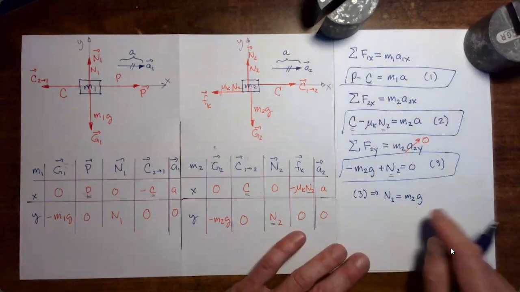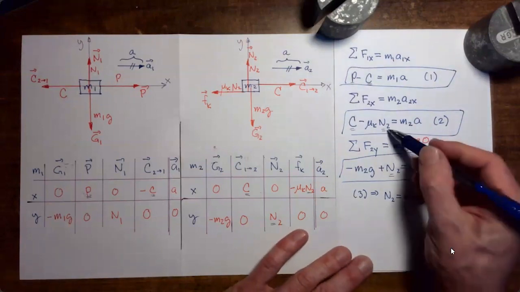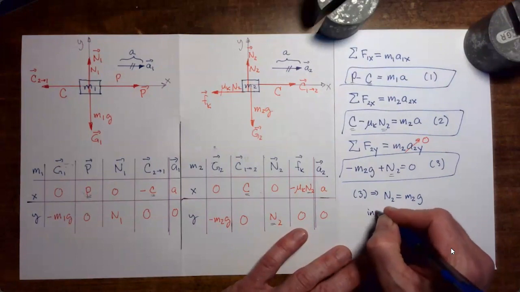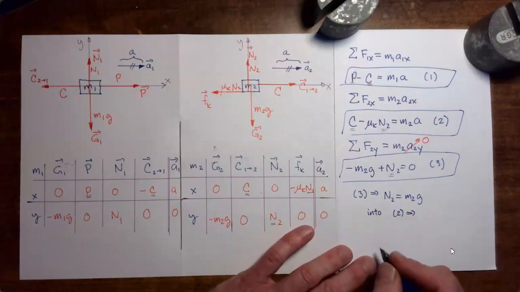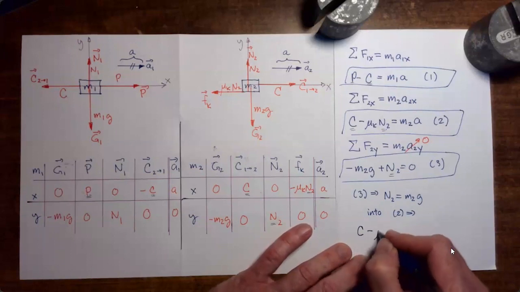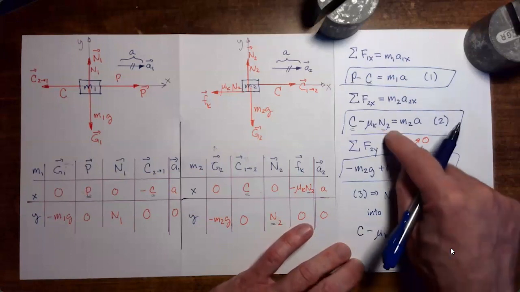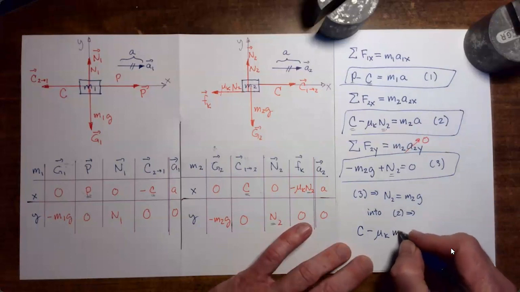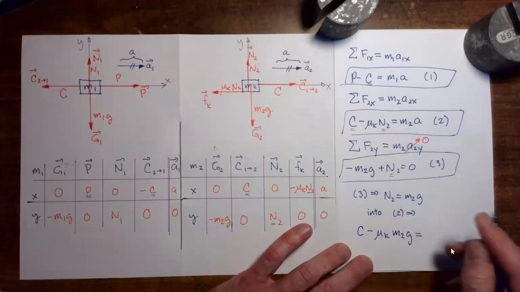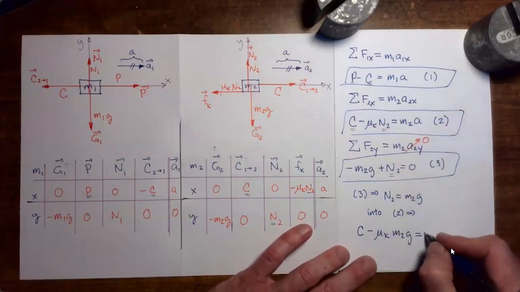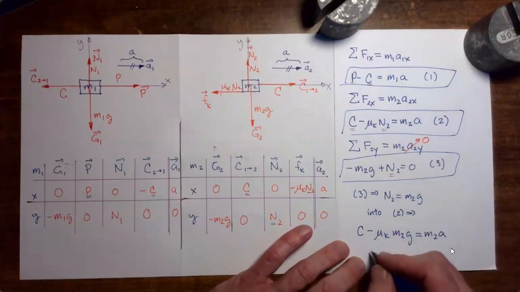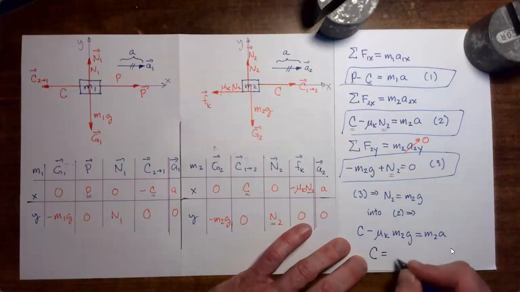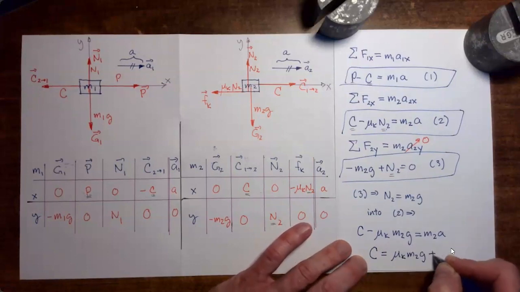So let's take that and put it into equation 2 right here, which then gives me C minus mu K. Here's the substitution for N2. N2 equals M2G. And then that's equal to M2A. Now solving for C, I have C equals mu k m2g plus m2a.